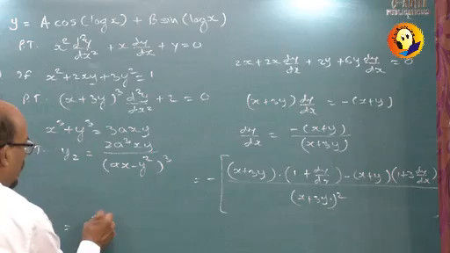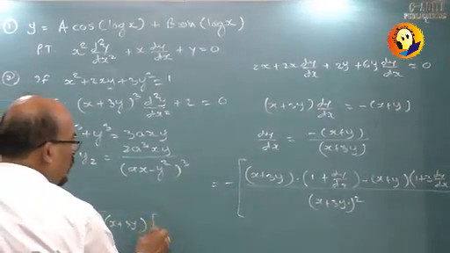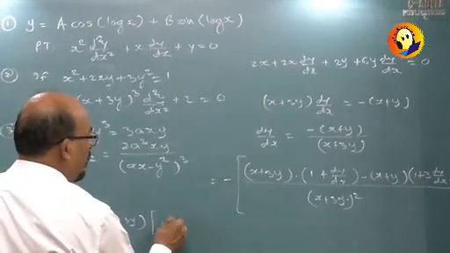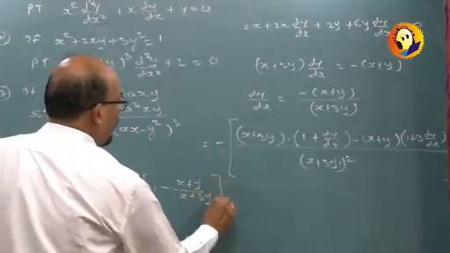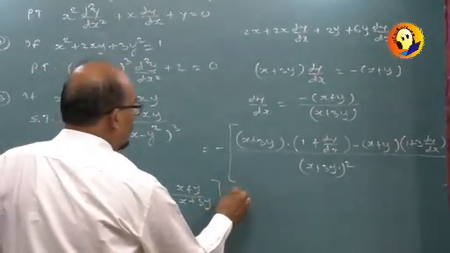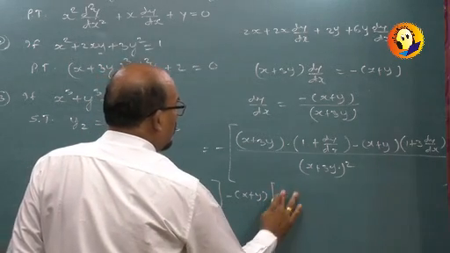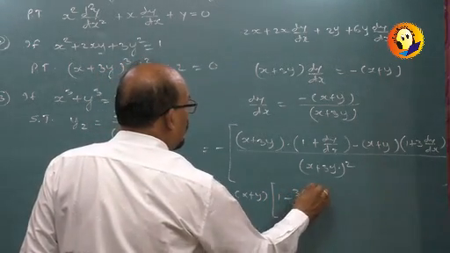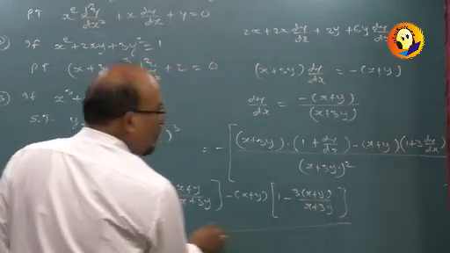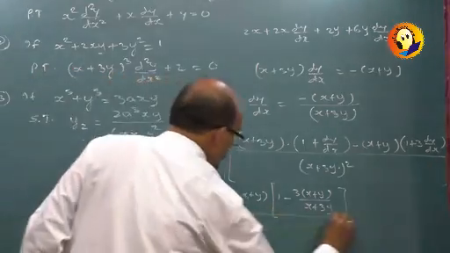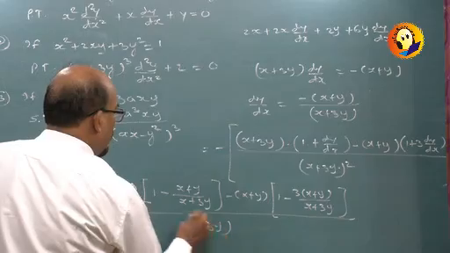So this will be minus of (x plus 3y) into bracket, it is 1 minus (x plus y) upon (x plus 3y), minus of (x plus y) into bracket 1 minus 3 into (x plus y) upon (x plus 3y), upon (x plus 3y) bracket square.